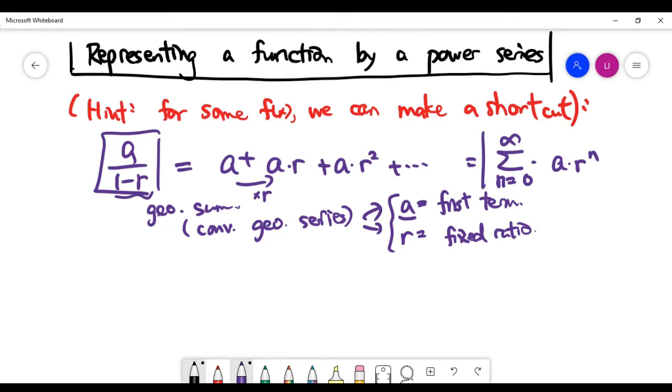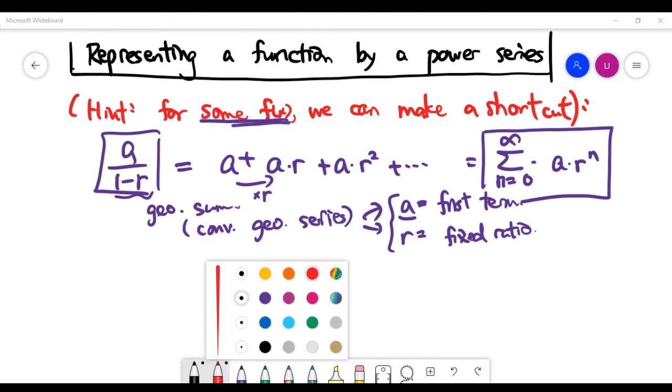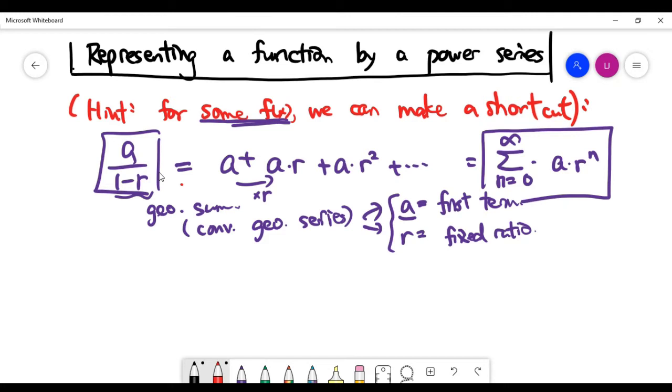Why I'm looking at this kind of geometric series again is because it applies to certain f of x we would like to talk about. But before that, please read this formula very carefully. The fact is that the left-hand side may not be the same as the right-hand side if the geometric series is not convergent, right?